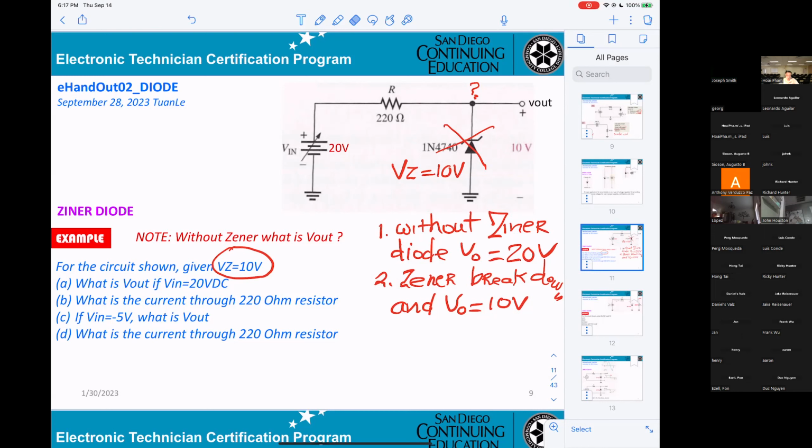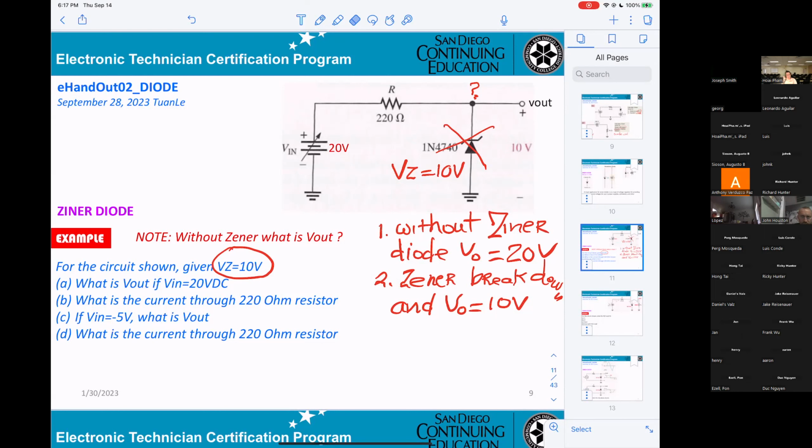For digital circuitry, if you apply the power higher than 5 volts, you cook the IC. So basically, the Zener tries to protect the voltage.